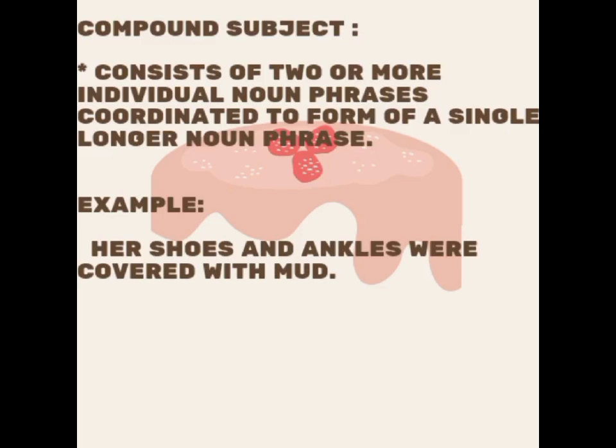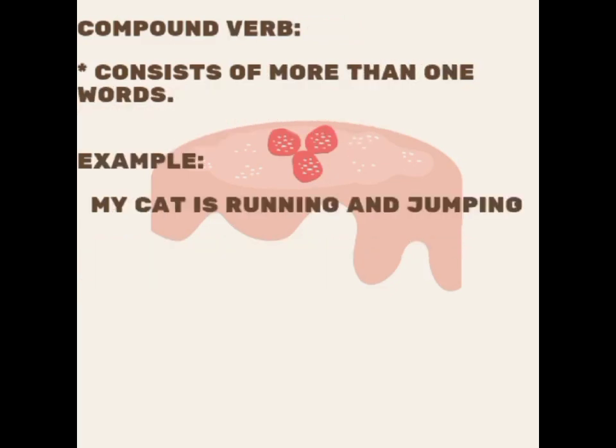Next is our compound verb. A compound verb is a verb that consists of more than one word. For example, my cat is running and jumping. Our subject is cat and our compound verb is running and jumping.